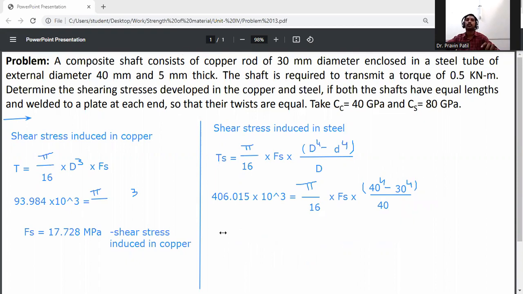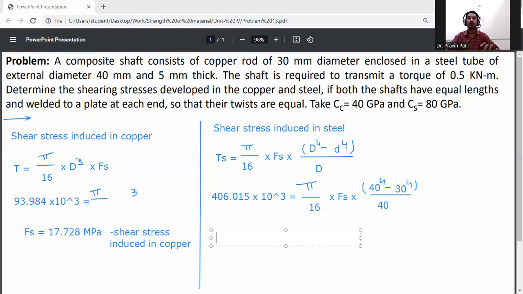So for steel, first calculate this: 40 raised to 4 minus 30 raised to 4 divided by 40 into 5 by 16. Then 406.015 into 10 raised to the power 3 divided by the answer gives 47.26. I will cross check this value. 47.26, correct.